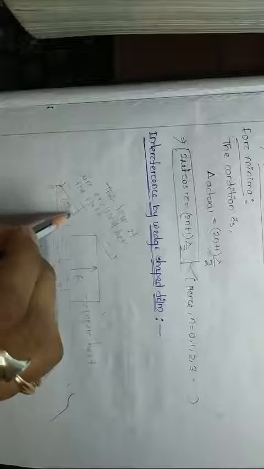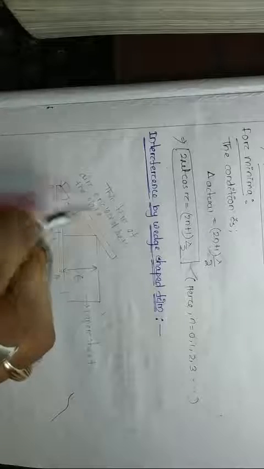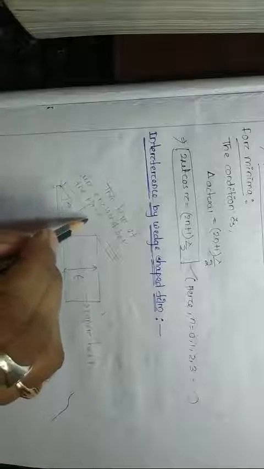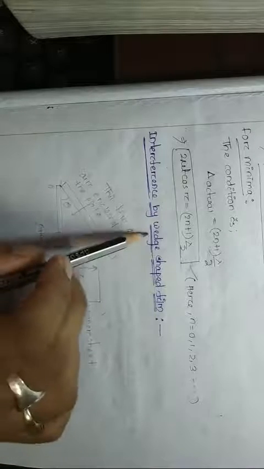Due to this arrangement, the thickness of the gap is increasing in this way, or we can say the thickness of the gap is not uniform in between the two plates. This type of arrangement is called a wedge-shaped film.